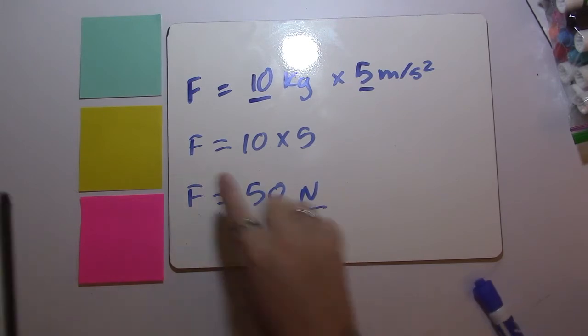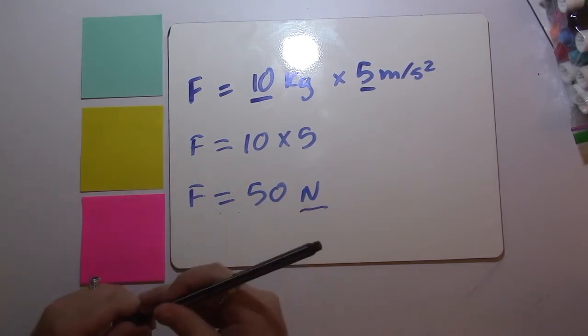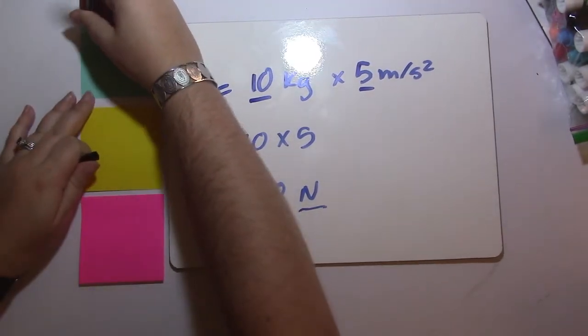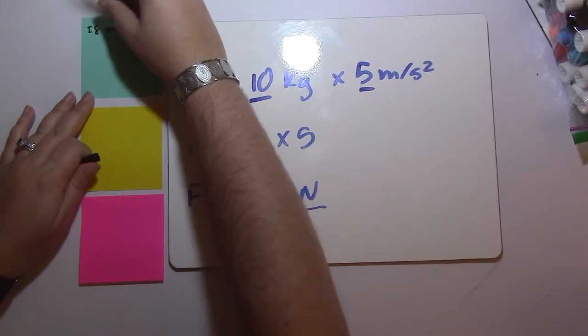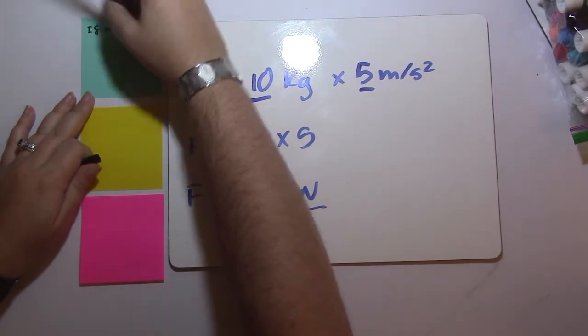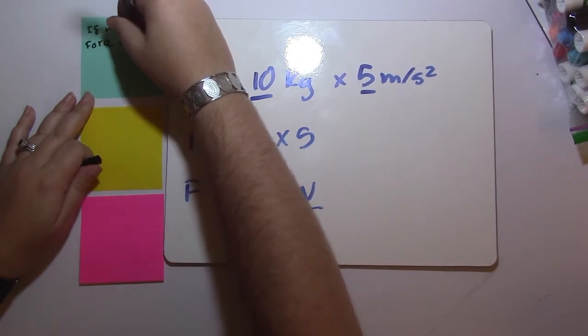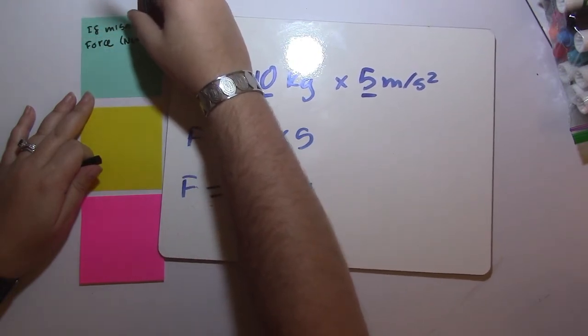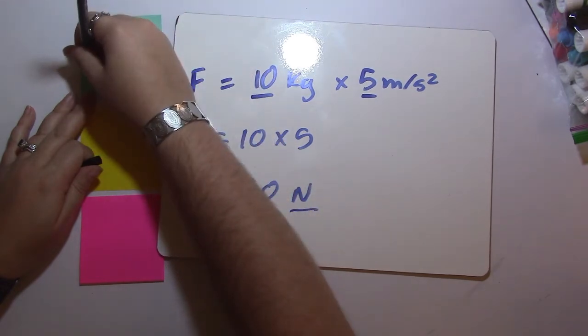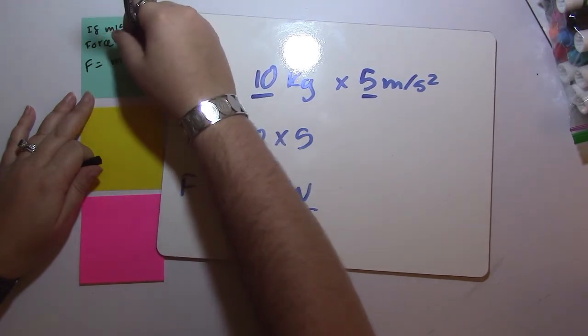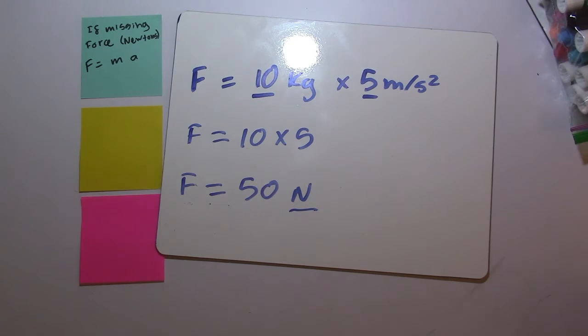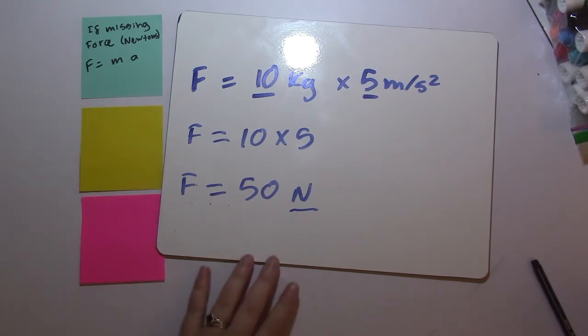So if we are missing F, our equation is F equals ma.